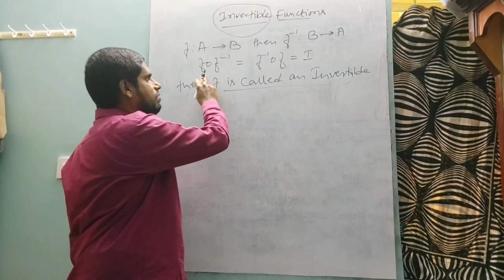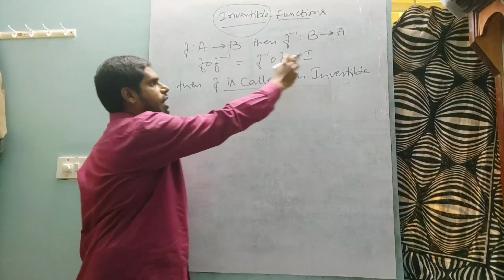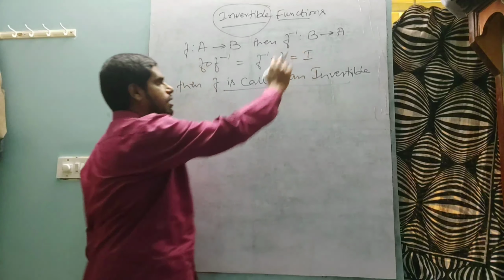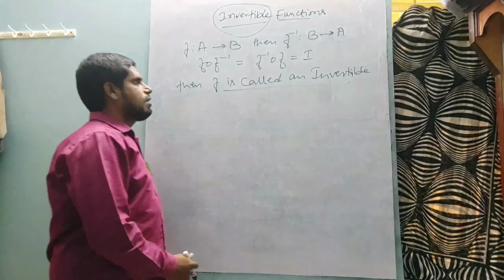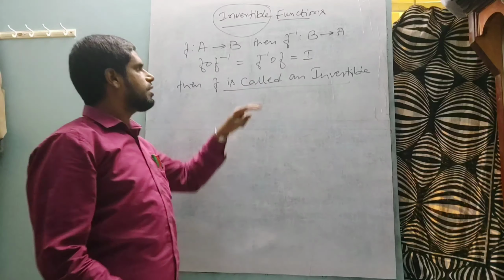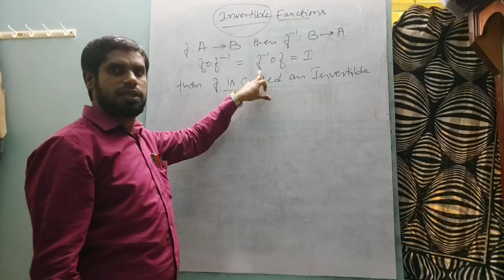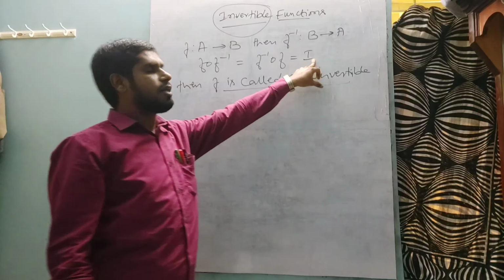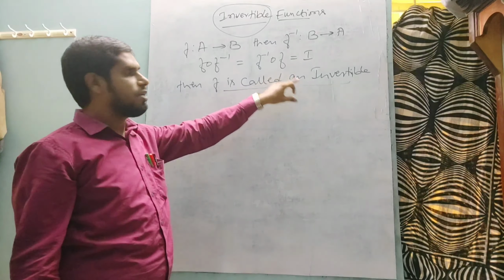Because with this f and this inverse I got identity. That means anything with its inverse, if it gives identity, is called invertible.